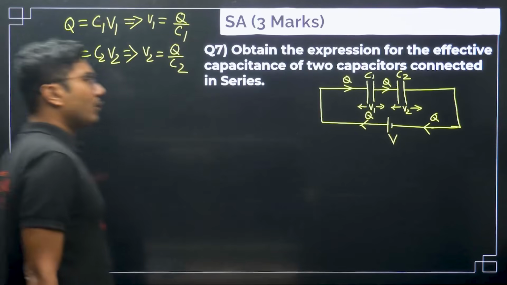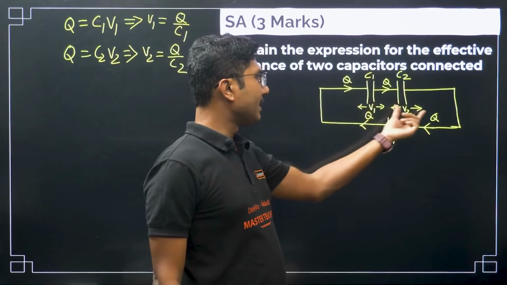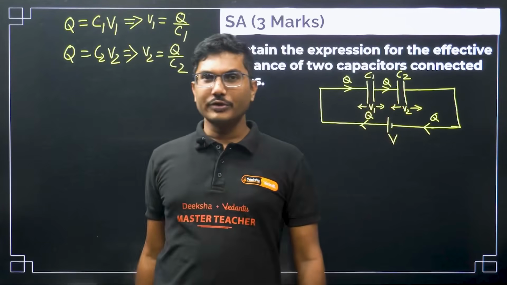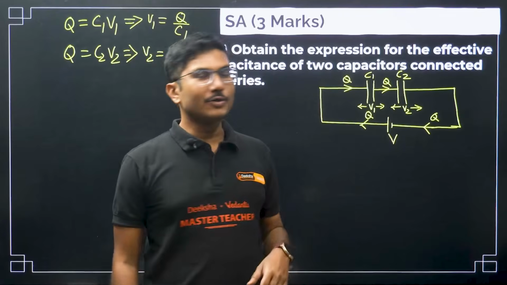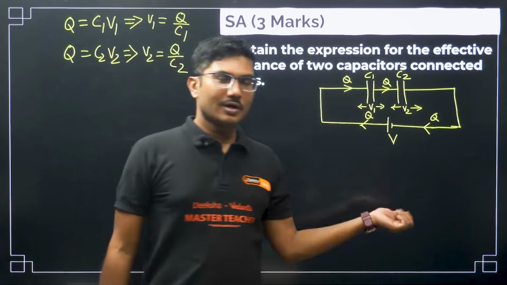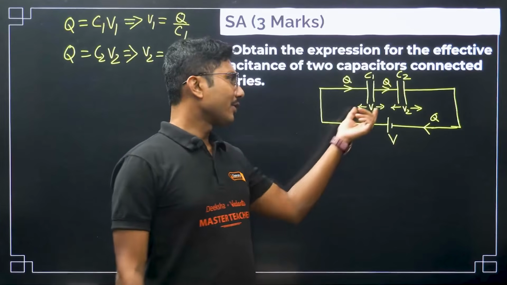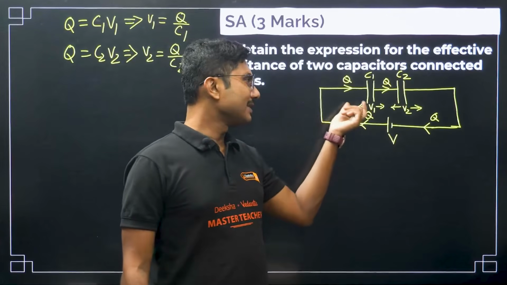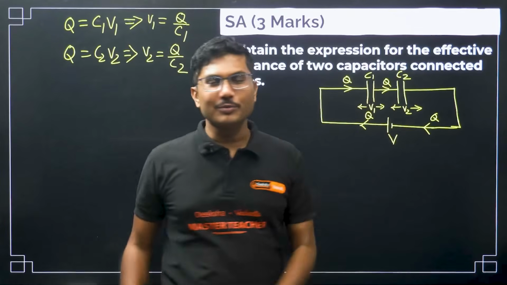Now the voltage that you have applied is V. This same voltage is divided into two parts. So your father gave you 100 rupees, and you divided that 100 rupees between you and, say, your brother or sister or cousin. You took 60 rupees, you gave 40 rupees to your brother.